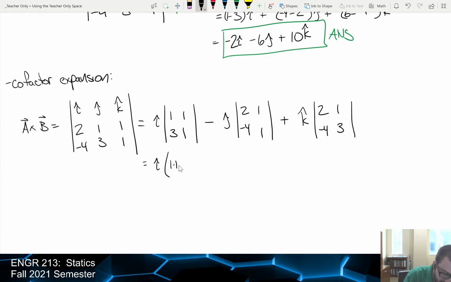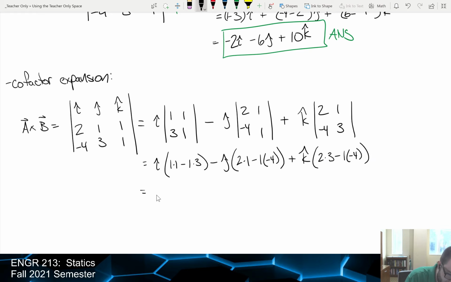So 1 times 1 minus 1 times 3, minus j, and then it's 2 times 1 minus 1 times negative 4, plus k, 2 times 3 minus 1 times negative 4. And so what do we get? Negative 2i, and then we got 2 plus 4 is 6, but it's minus on the outside, so minus 6j plus 10k.